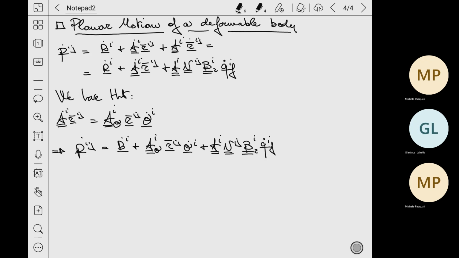Okay. With this definition of the velocity vector, we can eventually rederive the mass matrix through the definition of the kinetic energy.